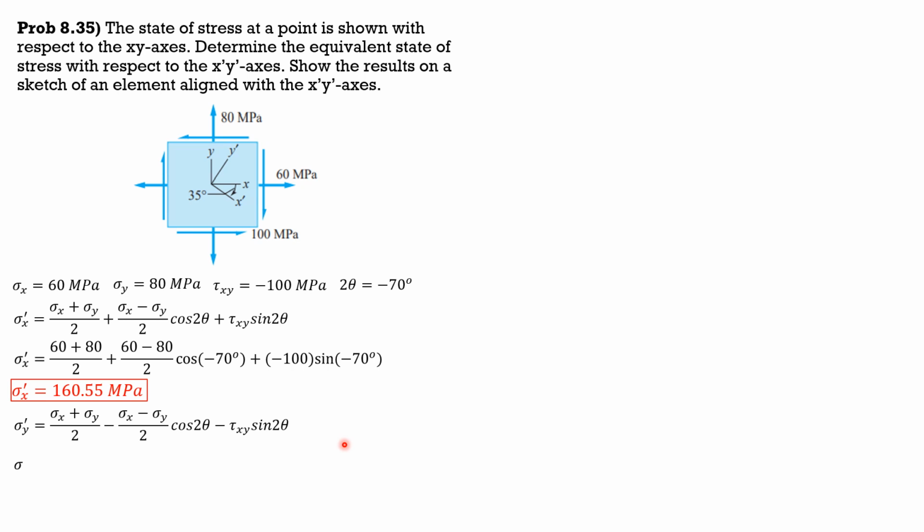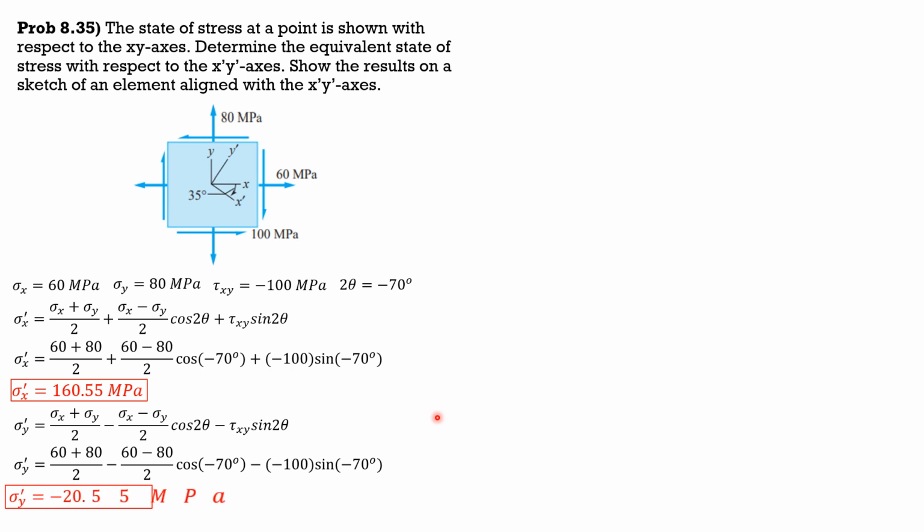Substituting values, sigma y prime is equal to 60 plus 80 over 2 minus quantity 60 minus 80 over 2 cosine of negative 70, then minus negative 100 sine of negative 70 degrees. So sigma y prime is equal to negative 20.55 megapascals.